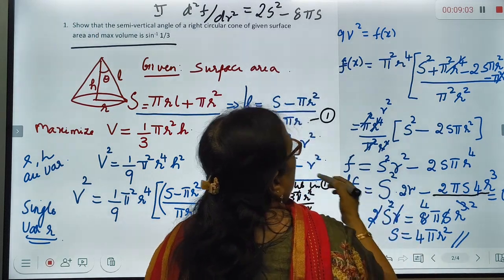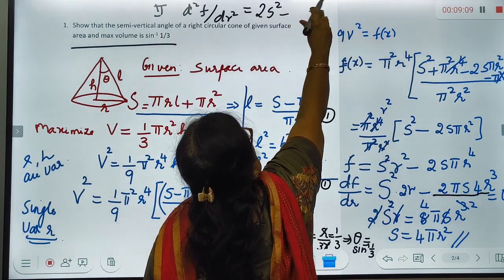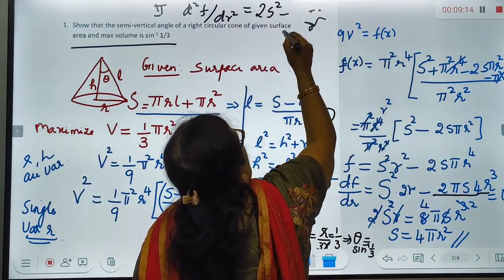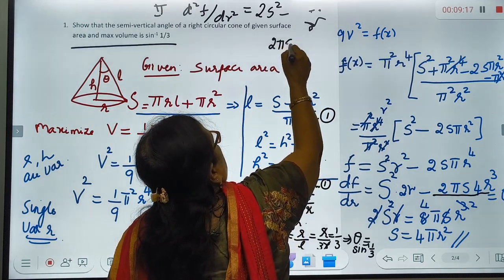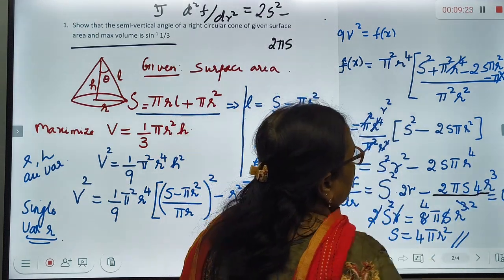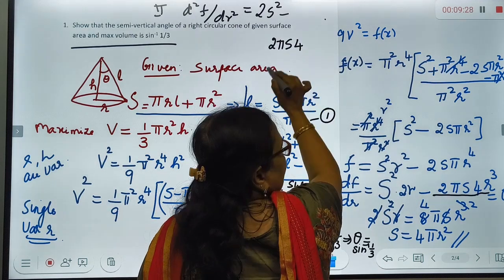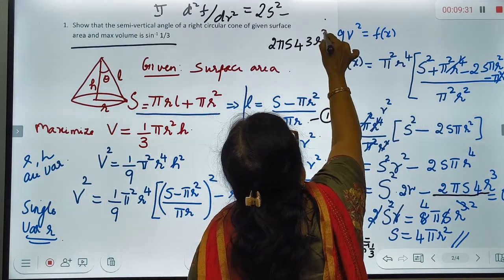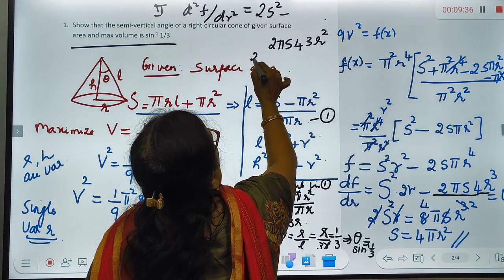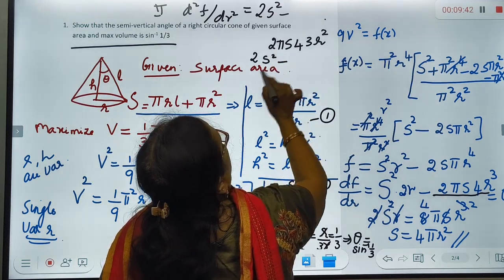Then 2 pi s into 12 r square, differentiating 4r cube gives 3r square. So 2s square minus, this will be what?